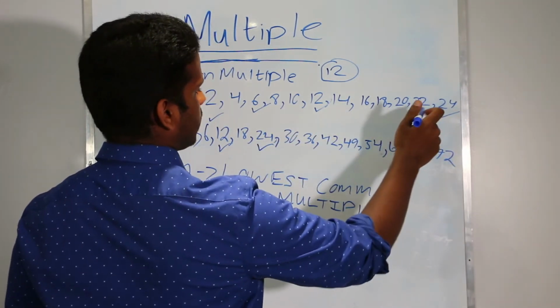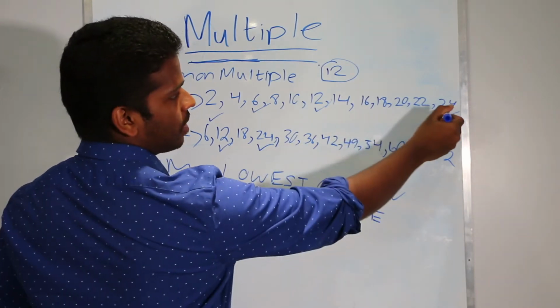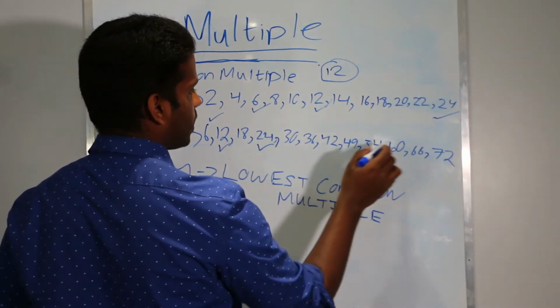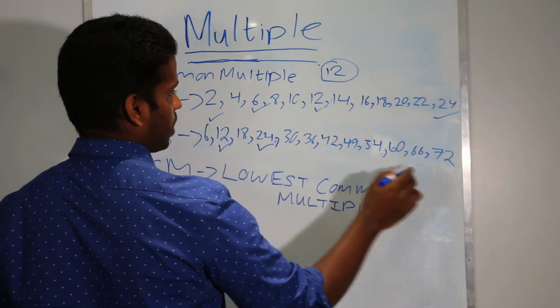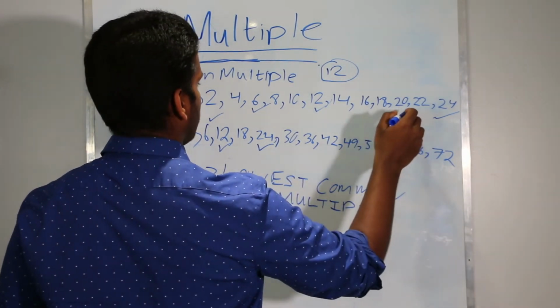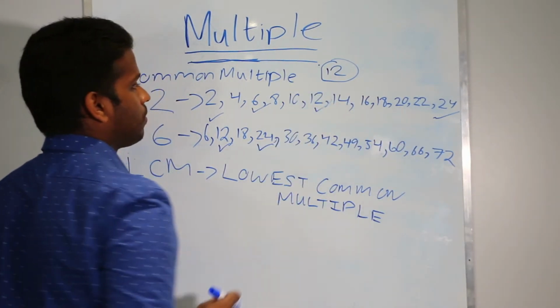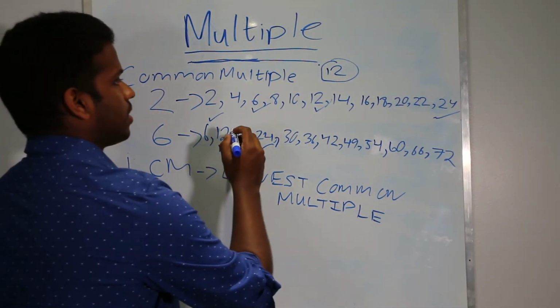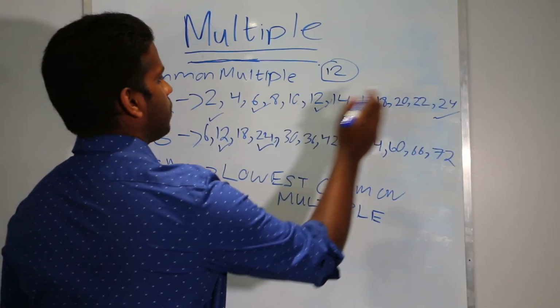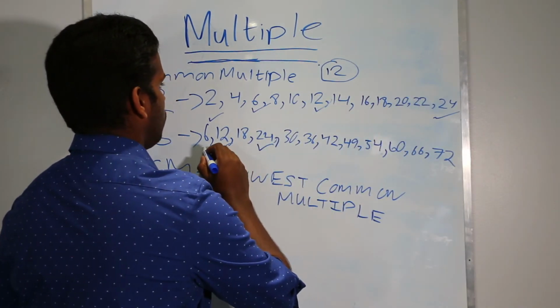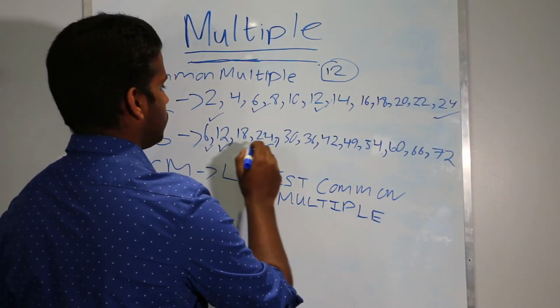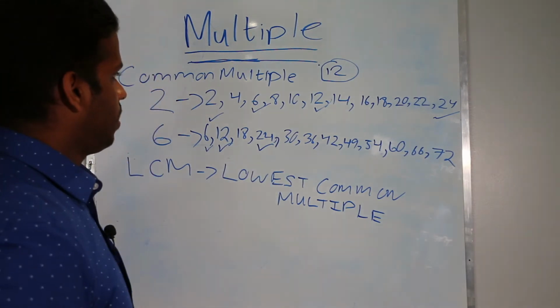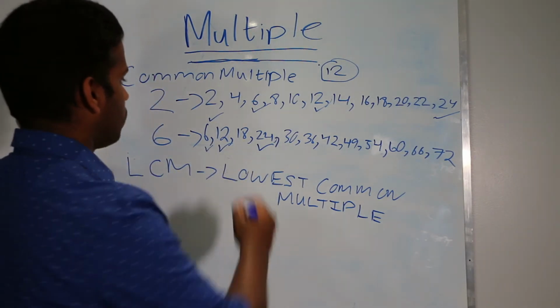I think 24 is the highest we can go, because even though there are more numbers that could also be common, we stopped at the first 12 multiples. So we have a few common multiples here.